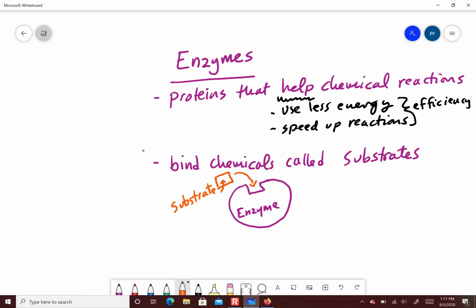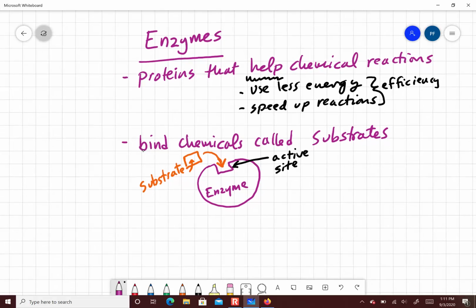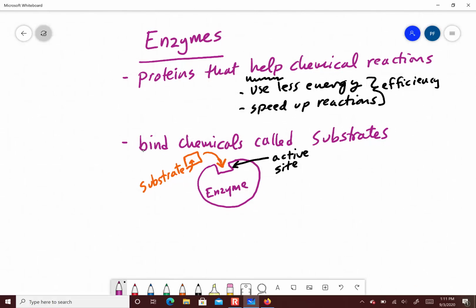It'll come in and attach to the enzyme at this little indentation that I drew in the enzyme. That little space is called the active site. And that active site is always where the substrate comes in and attaches. Right? So these enzymes are binding substrates at the active site.